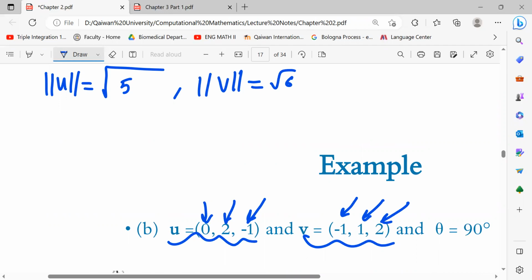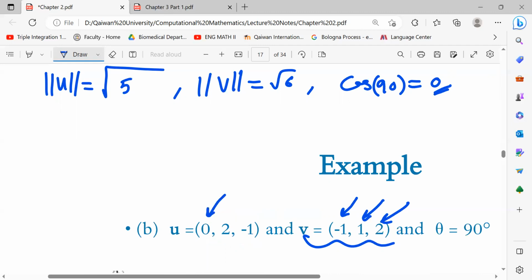Now, what is the cosine of 90? Or did you get the 5? We just square these components and the sum of them is for norm u. What we do?